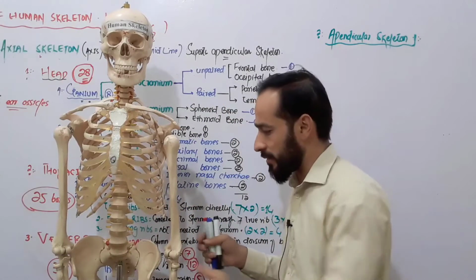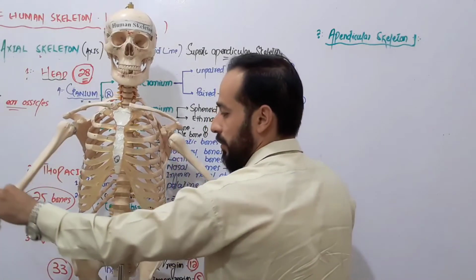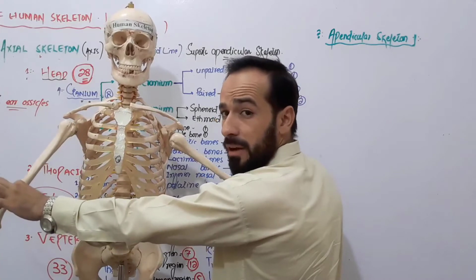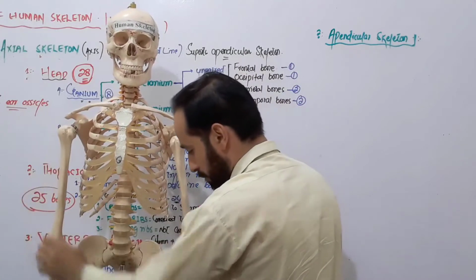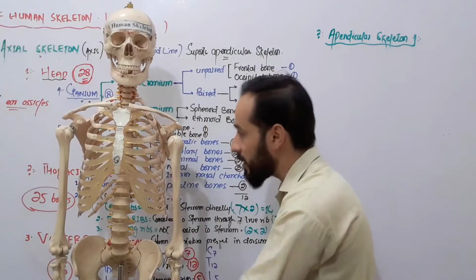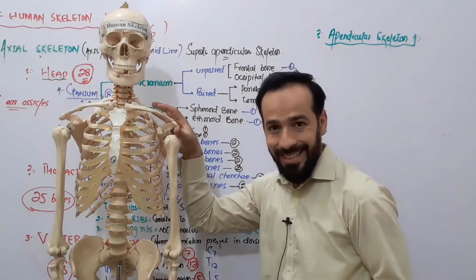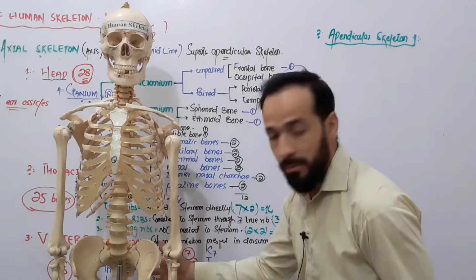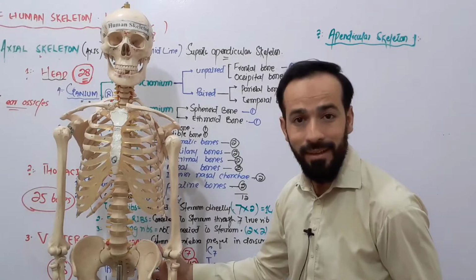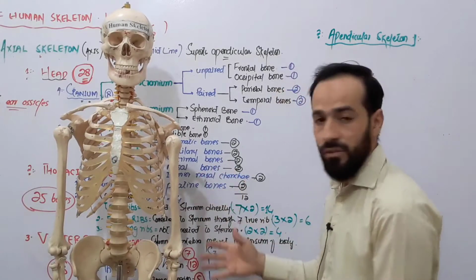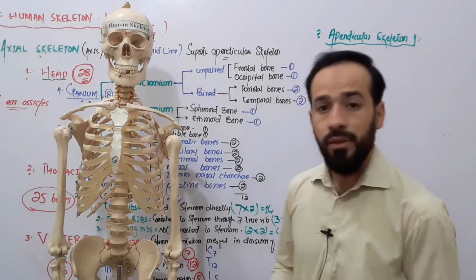That's so simple, friends. I'm talking about your upper extremities or upper limbs, your lower limbs, the shoulder girdle, and the hip girdle or pelvic girdle. So this is the appendicular skeleton.